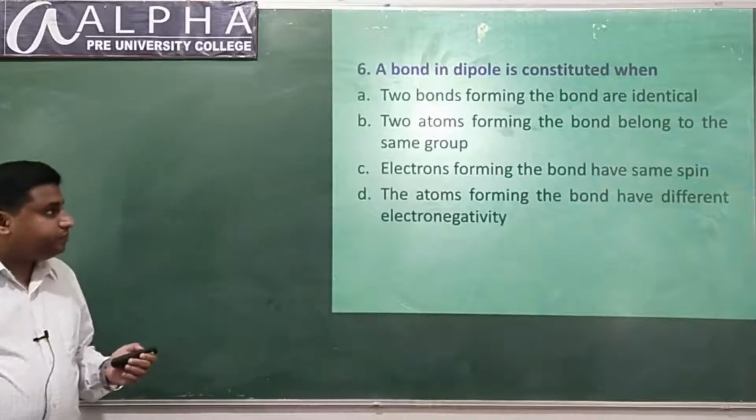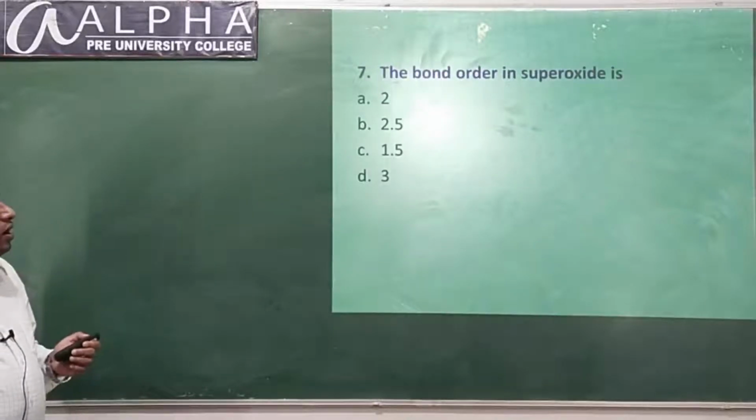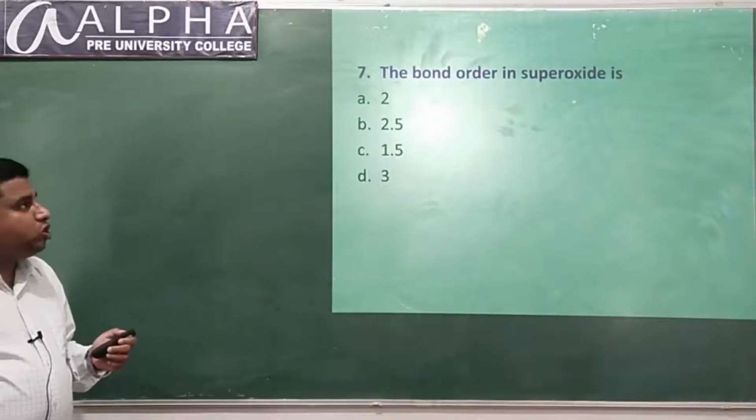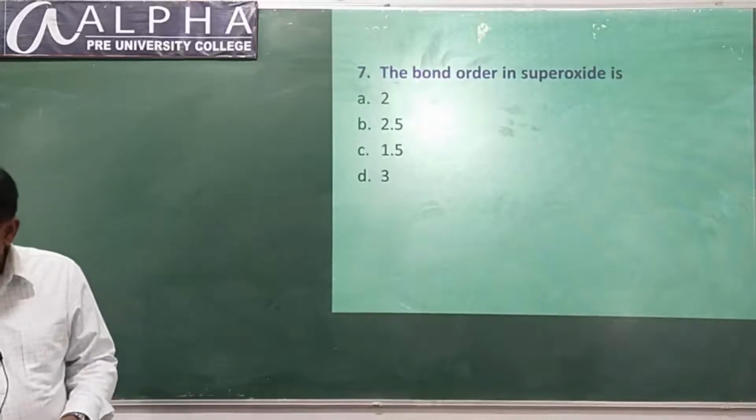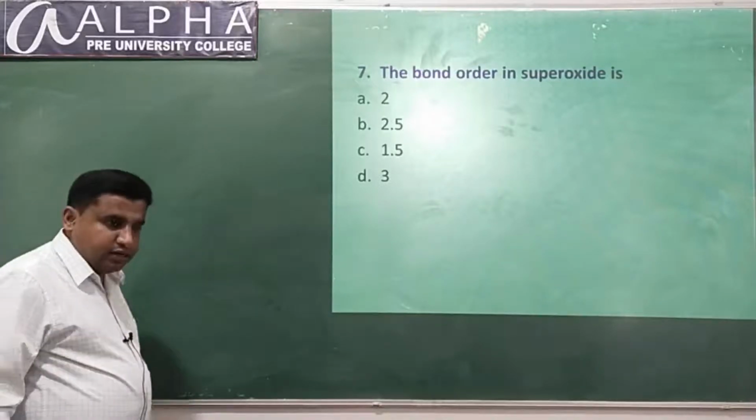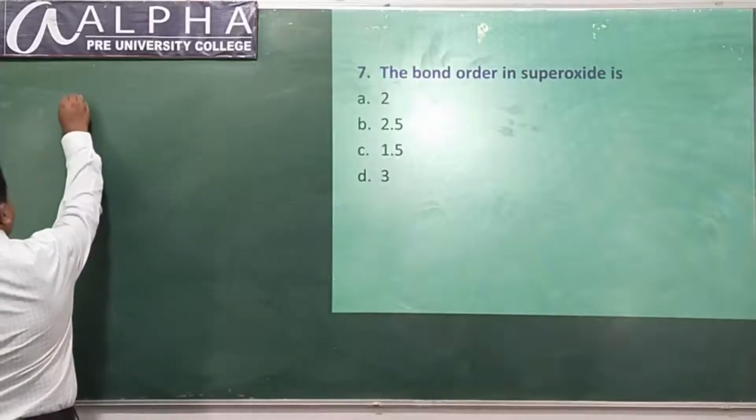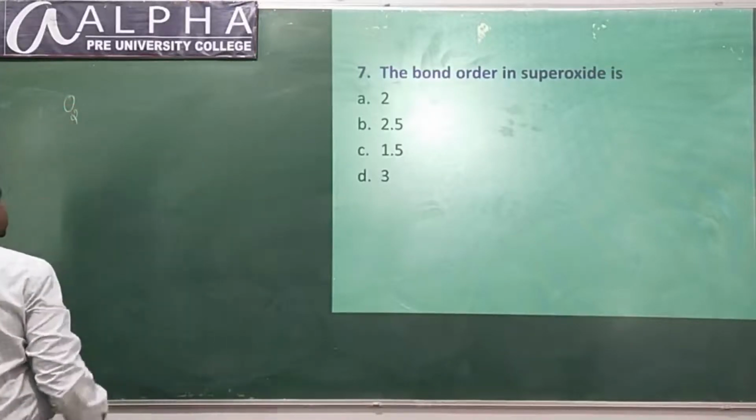Next question. The bond order in superoxide. Students, look here. This is O2, oxygen.